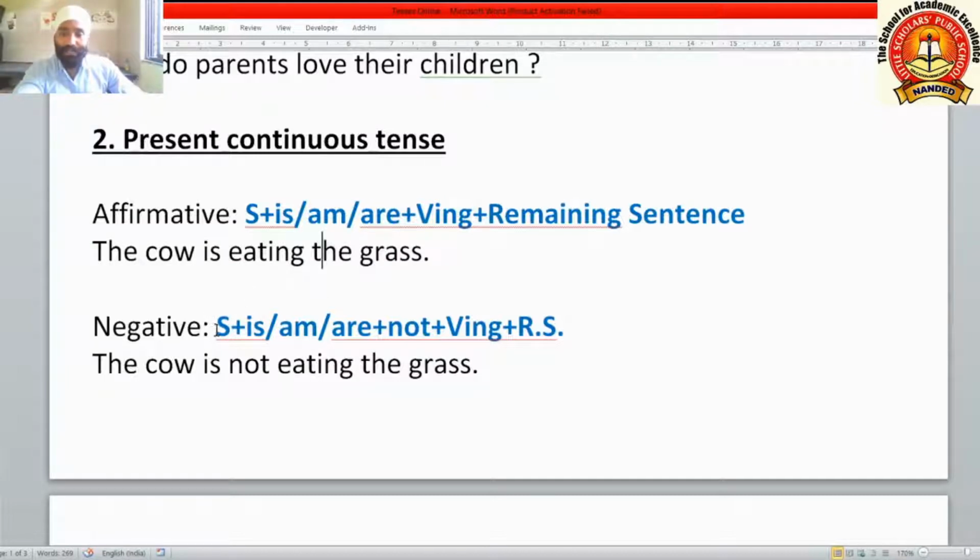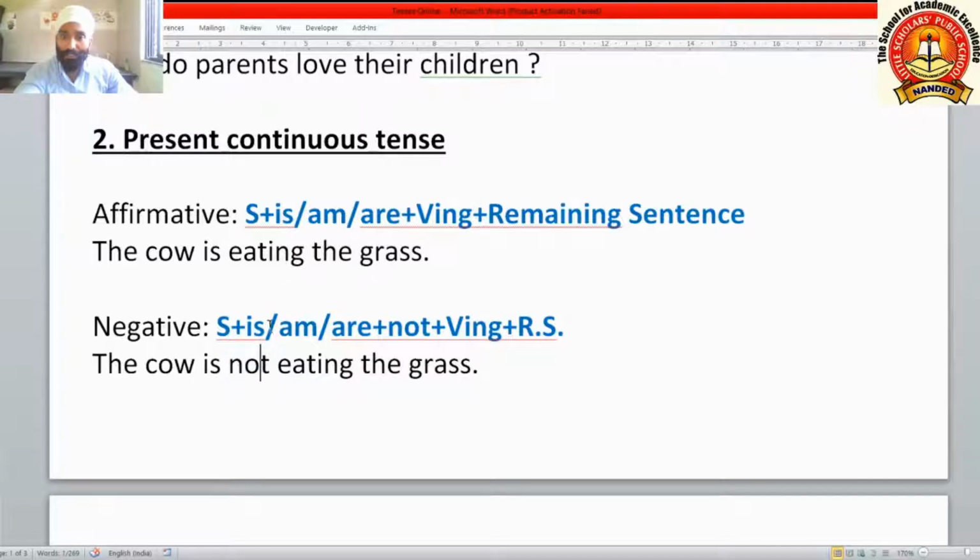Let us see the negative sentence in this type. Subject plus is, am, are plus not plus verb with ing plus remaining sentence. Whenever you use not in any sentence, you have to use not after the first helping verb. Let us see the example. The cow is not eating the grass. After the helping verb is we are using not here.